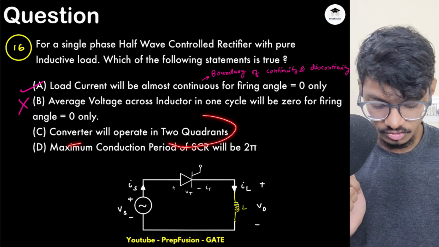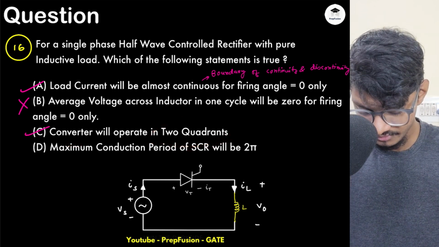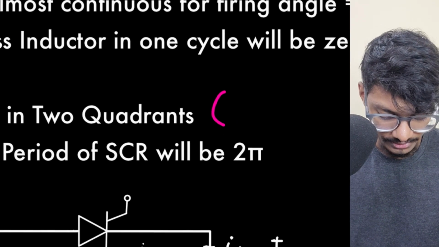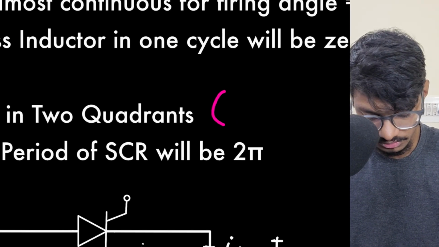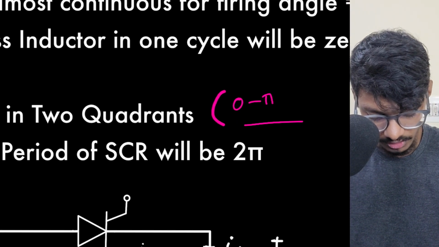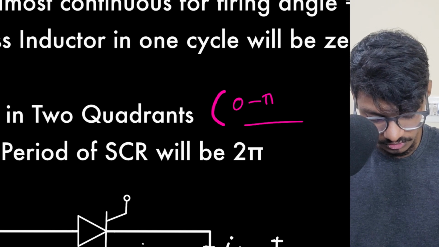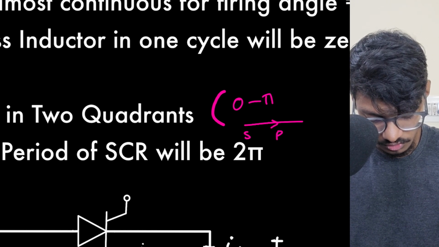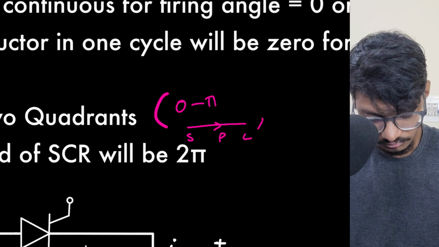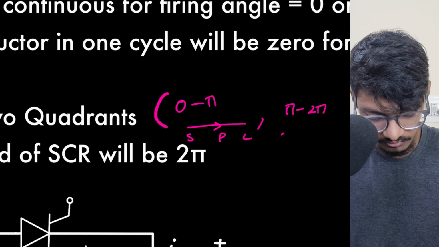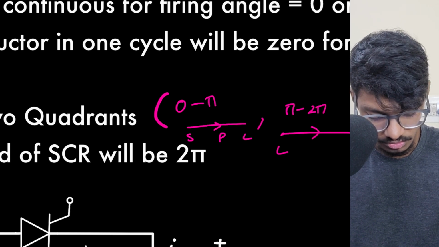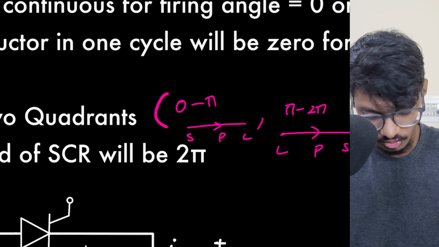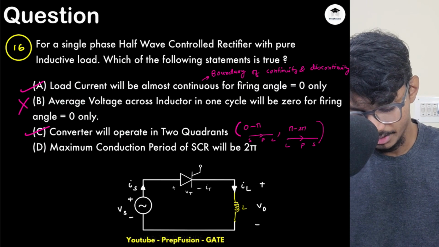The converter will operate in two quadrants, which is correct. It is delivering in the first quadrant from 0 to pi, where power flows from source to load, and from pi to 2 pi, the power flows from the inductor, that is the load, to the source. So obviously this will operate in two quadrants.